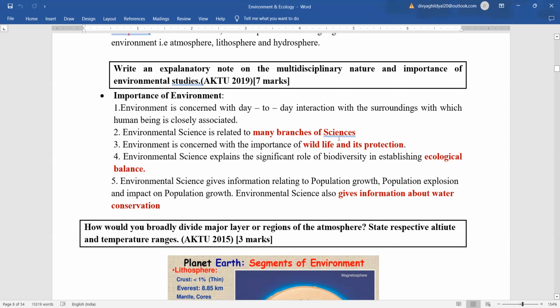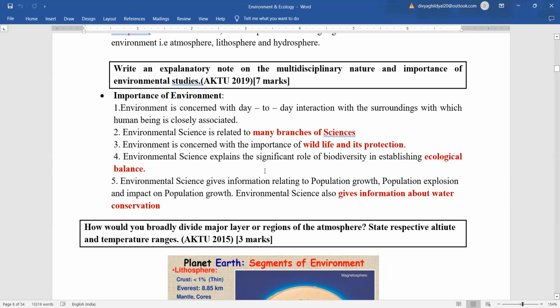It is concerned with the importance of wildlife and its protection. It explains the important role of ecological balance, that is balanced water supply, balanced sunlight, a balanced photosynthesis cycle for the availability of oxygen for human life or any life to survive on earth.